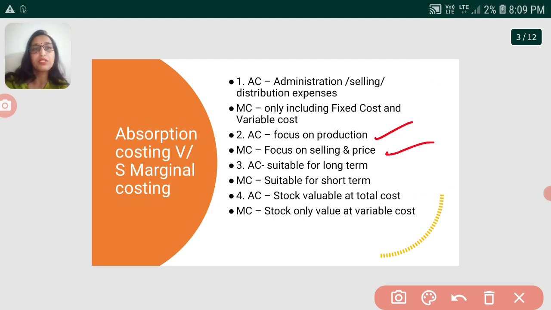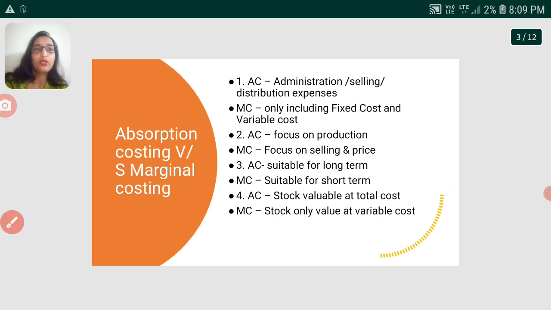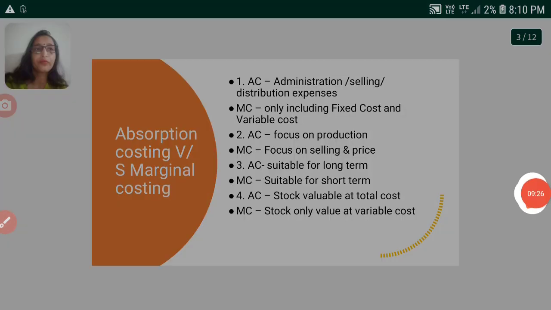Absorption stock is valued at total cost, marginal only at variable cost. So these are the differences between absorption costing and marginal costing. I hope you understand the meaning of marginal cost and the differences. Next session, we will continue with the next topics. Okay, thank you.